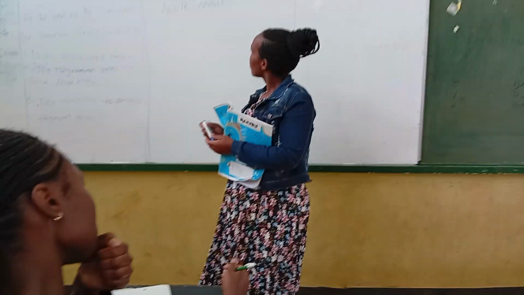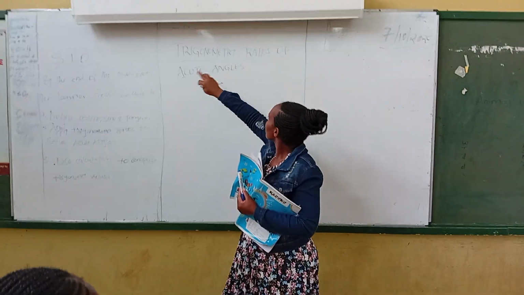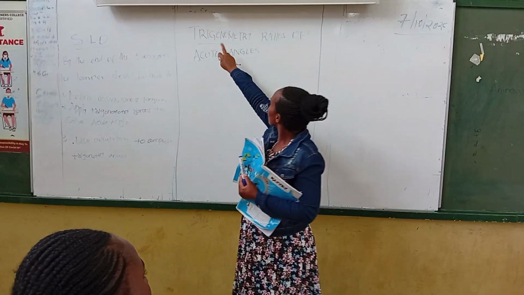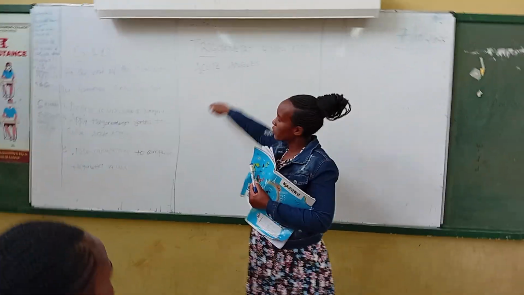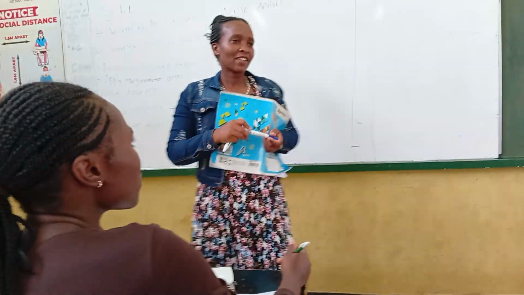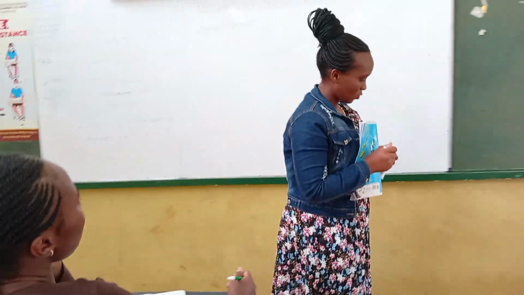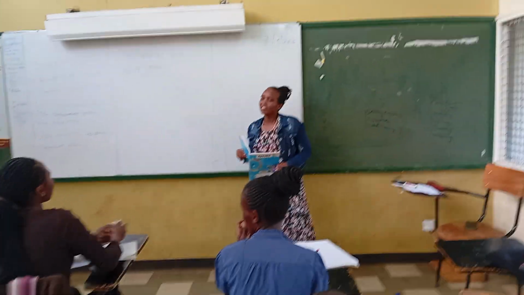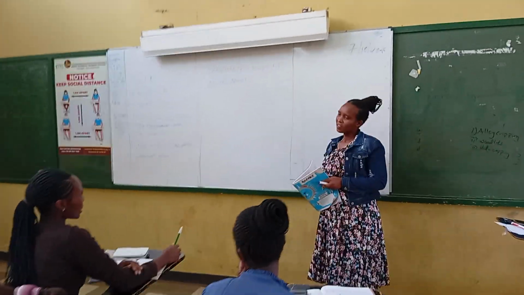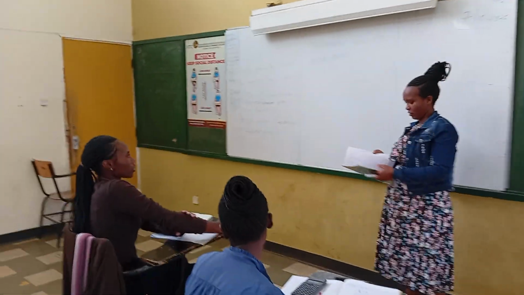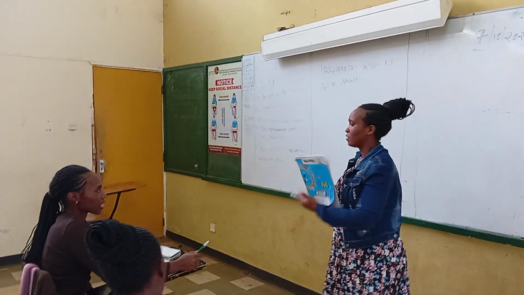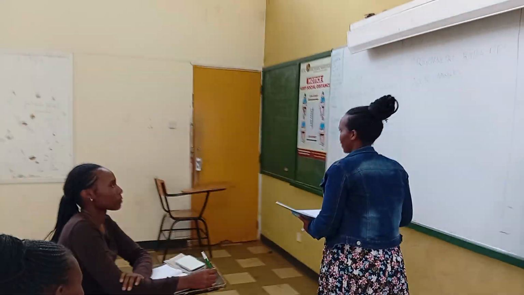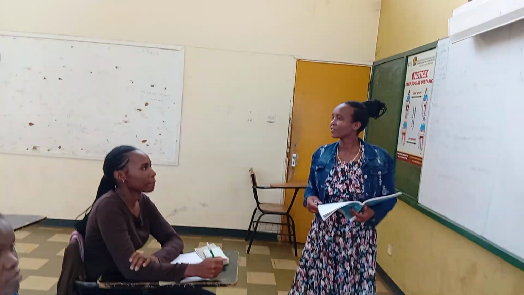First of all, we should know what trigonometry is, then trigonometry ratios, and then finally trigonometry ratios of acute angles. Somebody to define trigonometry? Trigonometry is a branch of mathematics that focuses on the relationship between angles and sides of triangles. That's correct.